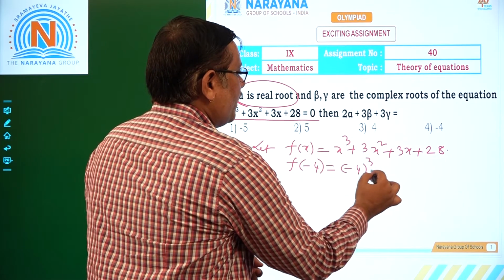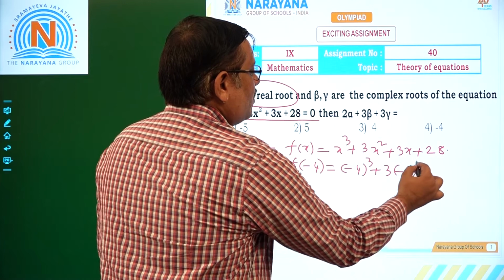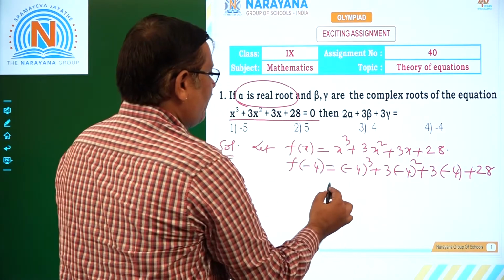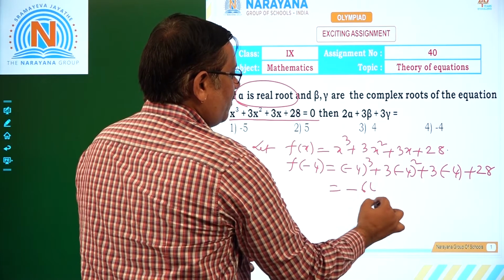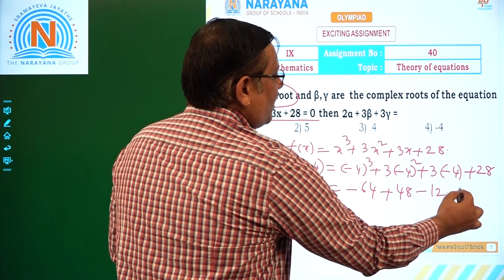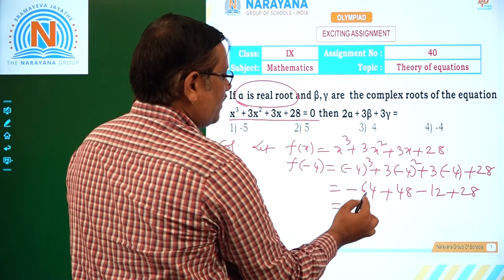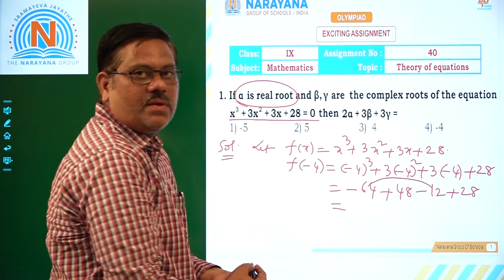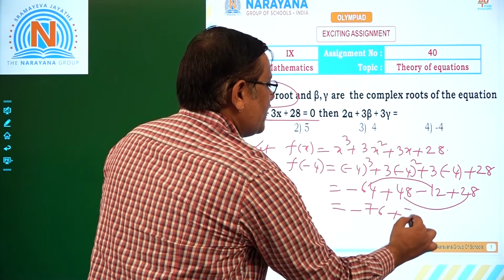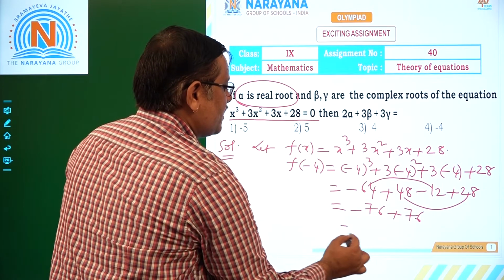Minus 4 whole cube plus 3 into minus 4 whole square plus 3 into minus 4 plus 28. Let us simplify this. This is minus 64 plus 3 into 16, that is 48, minus 12 plus 28. That is nothing but minus 64 minus 12, that is minus 76, plus 48 plus 28 is again 76. Minus 76 plus 76 is 0.